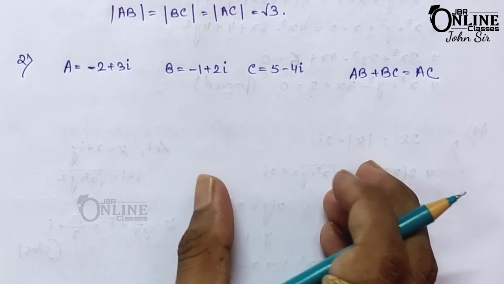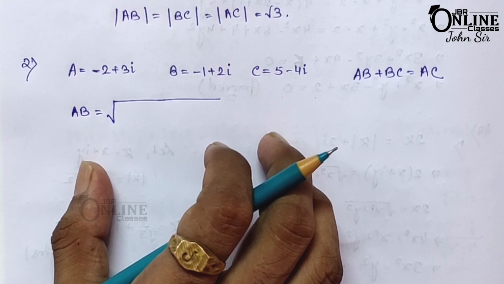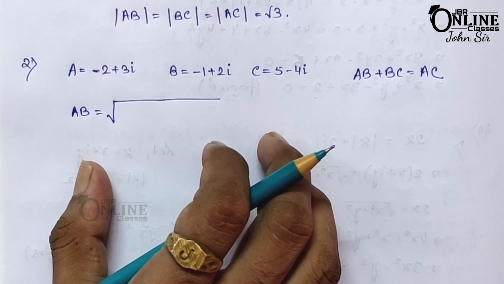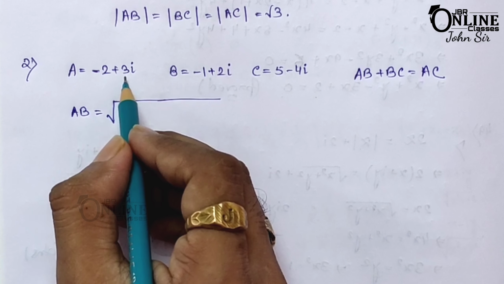So whenever you want to find the value of AB, you can also find it with this method. You know how to find the distance in coordinate geometry, and the formula is the square root of x1 minus x2 whole square plus y1 minus y2 whole square. As A equals minus 2 plus 3i, the coordinate of A will be minus 2 comma 3.